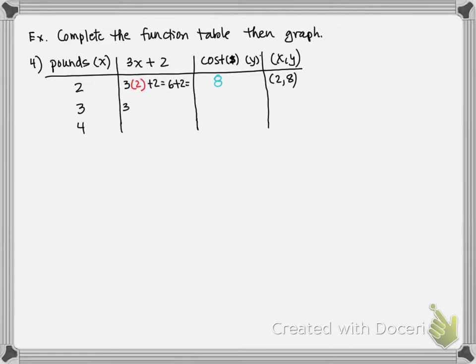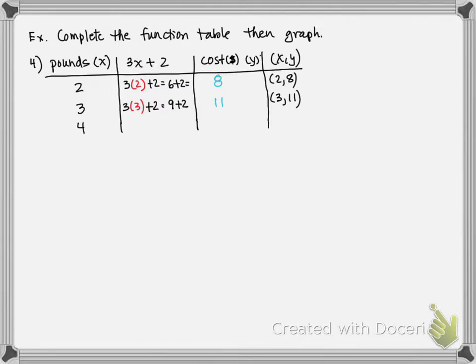The rule says 3 times the X value, and in this case it's a 3, and then we're going to add a 2 to that. So we get 3 times 3 is 9, and 9 plus 2 is equal to 11. So when I pair those two up, in went 3, out came 11. So X in front, Y in back.